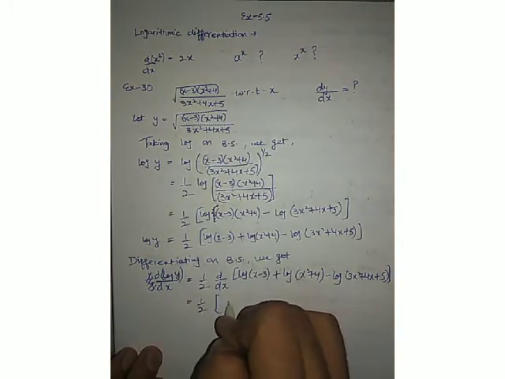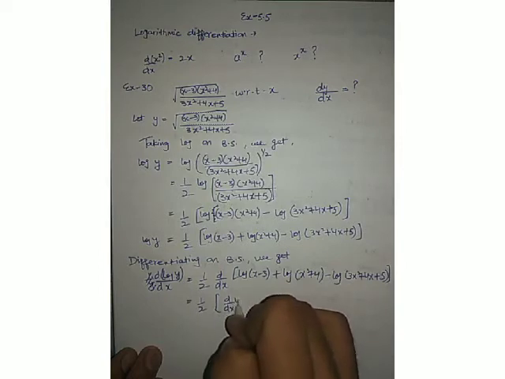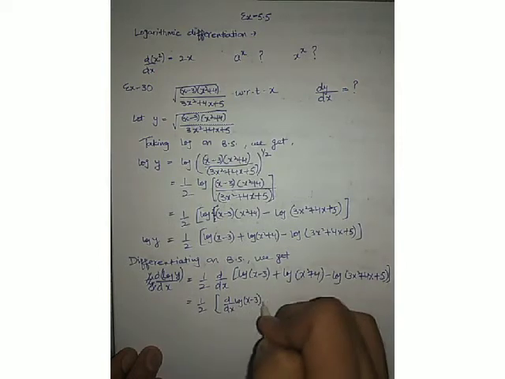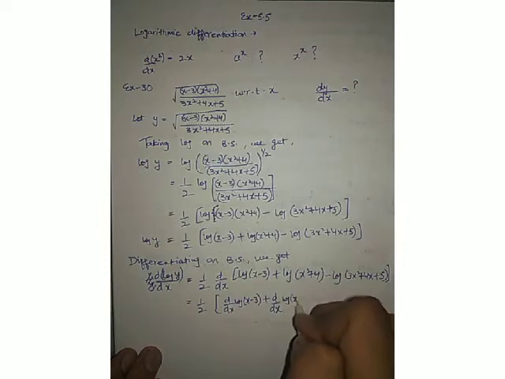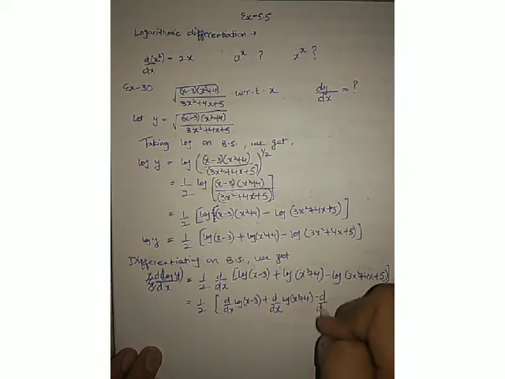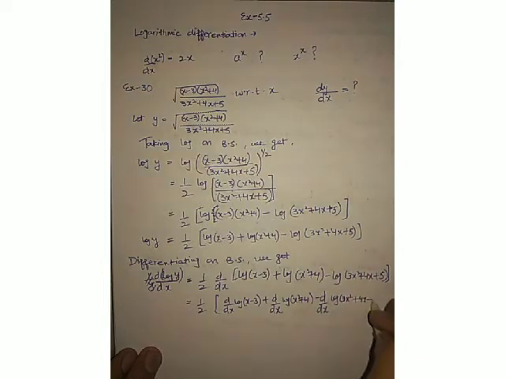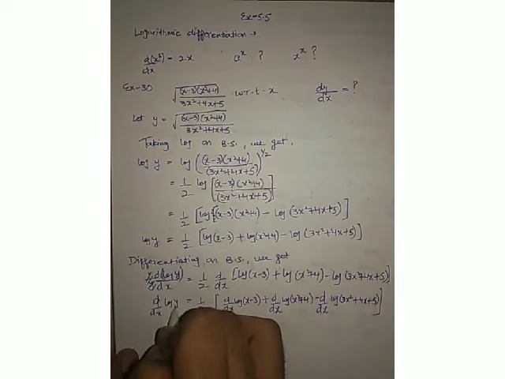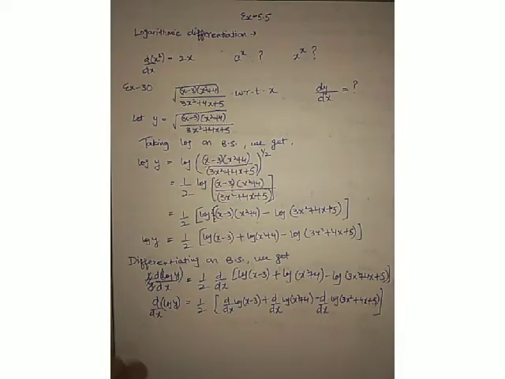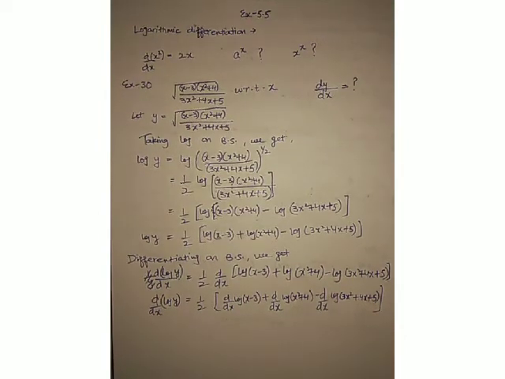We will get inside the bracket d upon dx of log x minus 3 plus d upon dx of log x square plus 4 minus d upon dx of log 3x square plus 4x plus 5. Clear? And on the left hand side we have the differential of log y. Clear? Now we'll be differentiating on both sides.